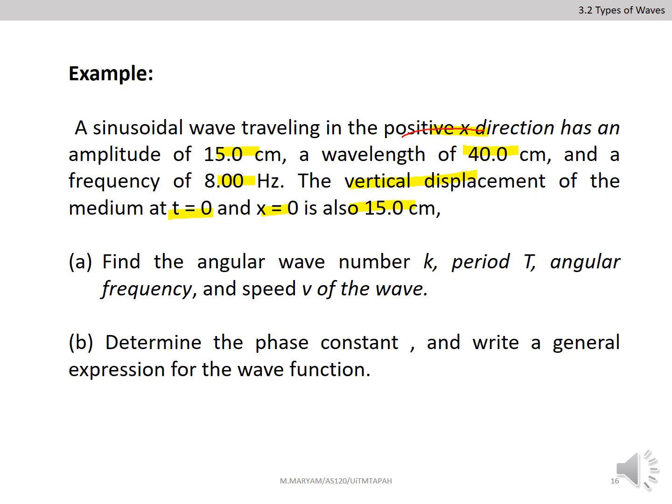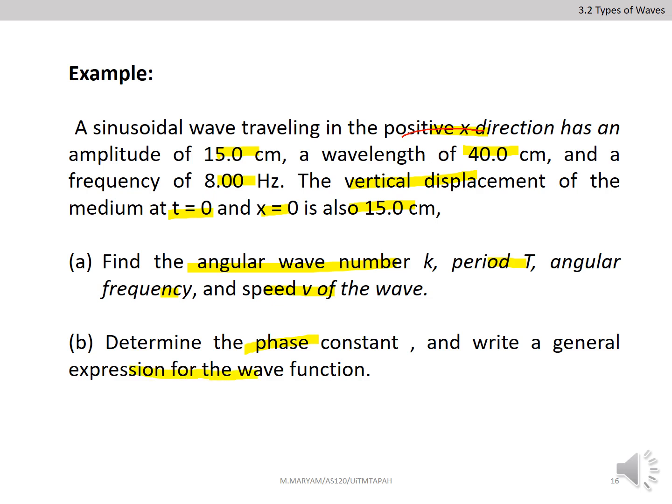The vertical displacement y of the medium at t equal to 0, x equal to 0 is also 15 centimeter. In A, you need to find the angular wave number k, period T, angular frequency omega, and speed of the wave.